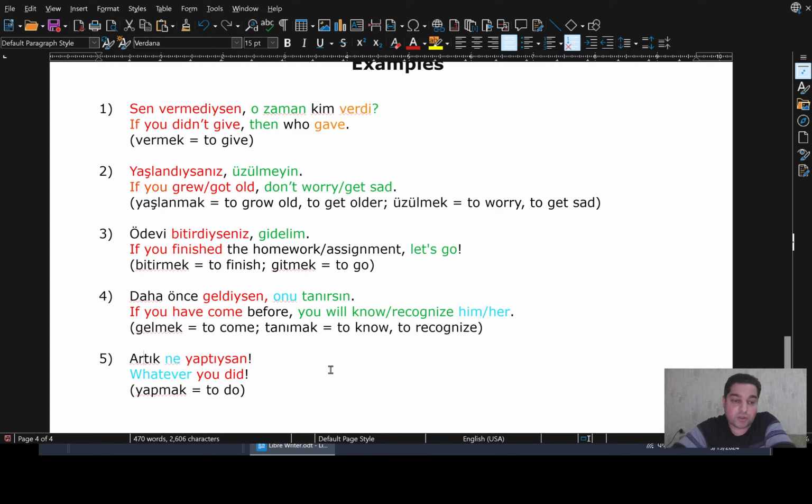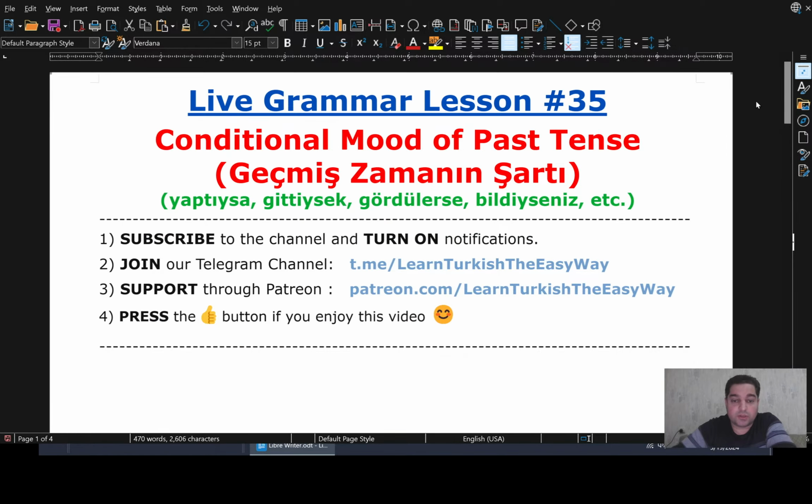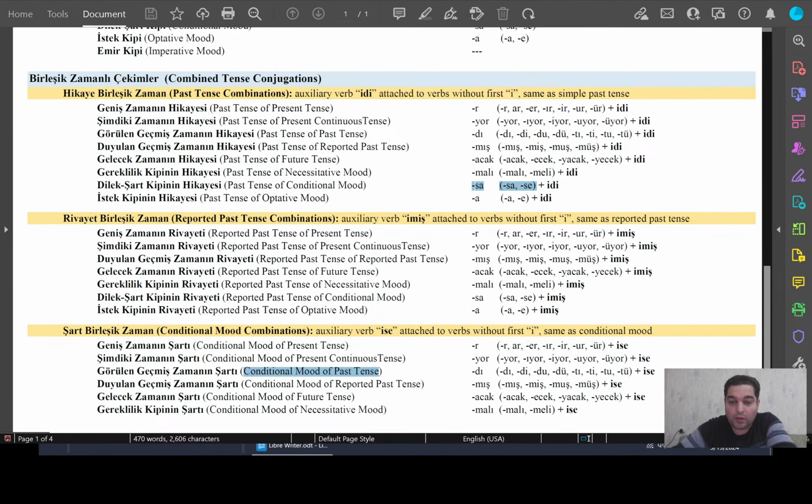It's just a structure, okay? So that's it basically for today. It was a compact class, but I really want you to understand the difference, especially when it comes to these conjugations. Today we talked about this one, "görülen geçmiş zamanın şartı", the conditional mood of the past tense.